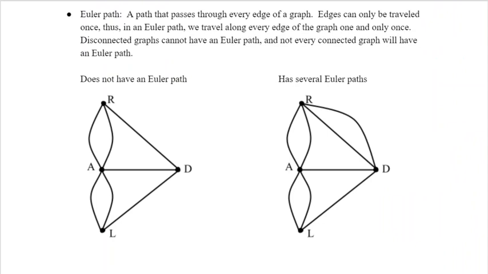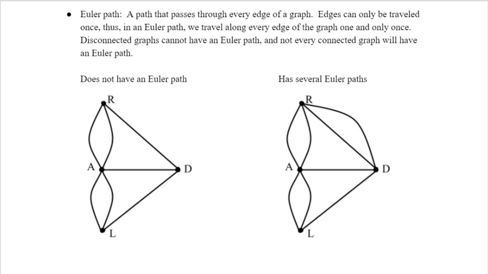So now getting to the most important part of this unit, an Euler path. An Euler path is a path that passes through every edge of the graph. Edges can only be traveled once. So in an Euler path, you travel each edge of the graph exactly once.